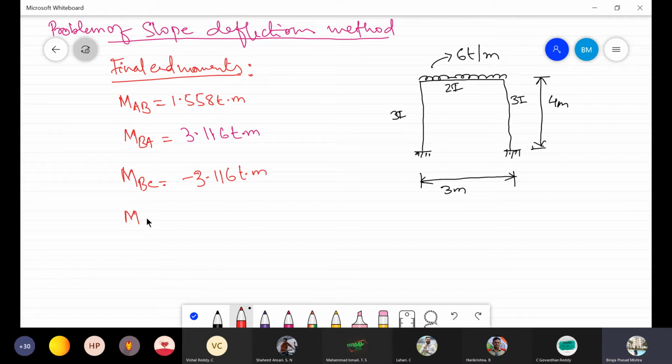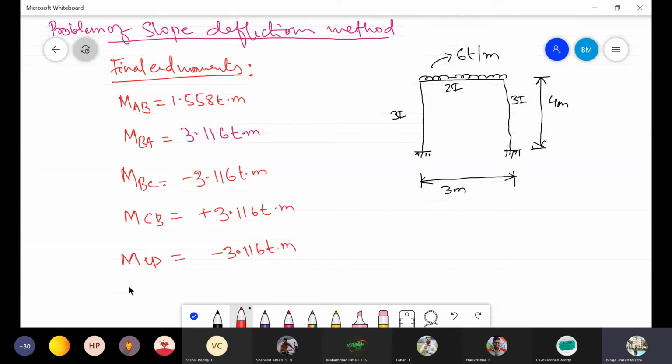Then MCB equals to plus 3.116 ton meters, and MCD equals to minus 3.116 ton meter. MDC equals to minus 1.558 ton meter. Okay, so these are the end moments which we got.